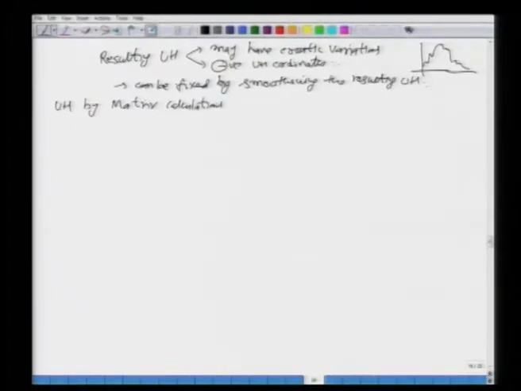Why do we need this? Well, it is needed because of these problems.